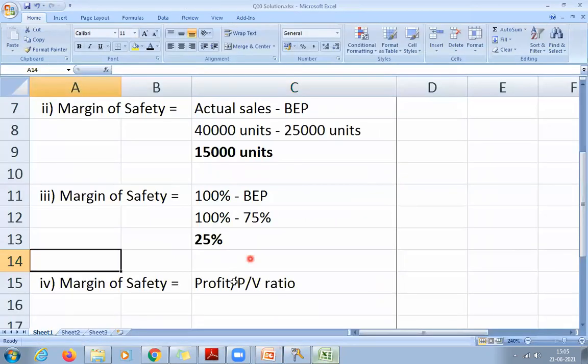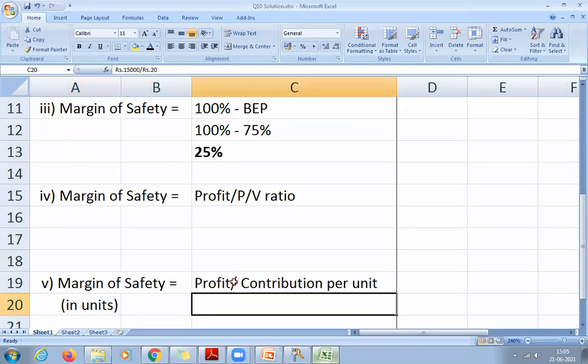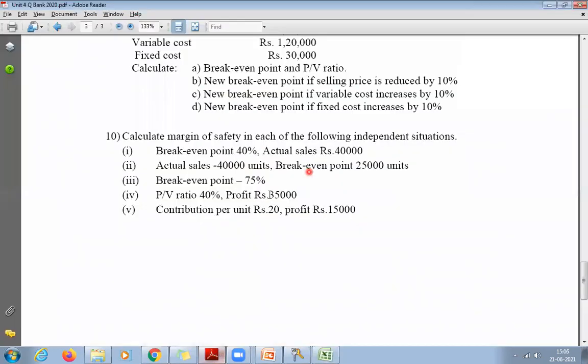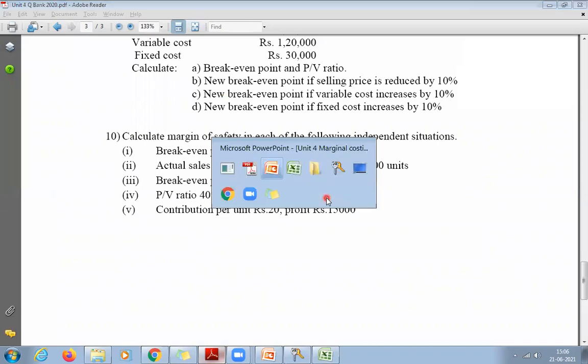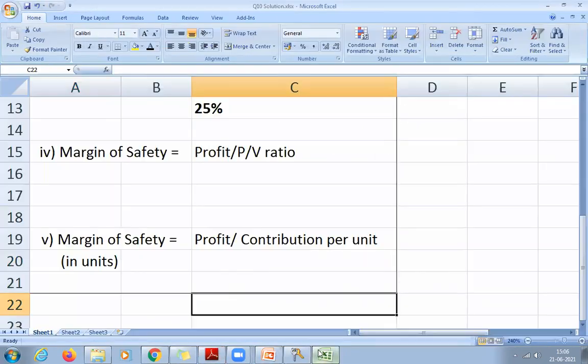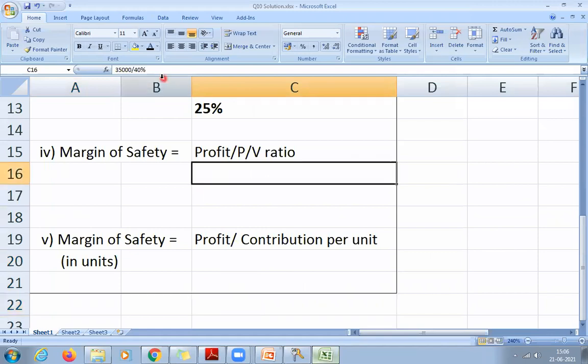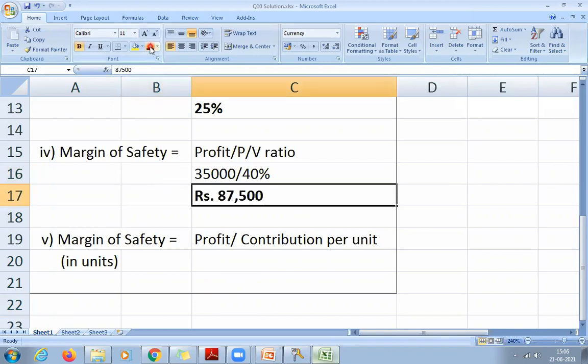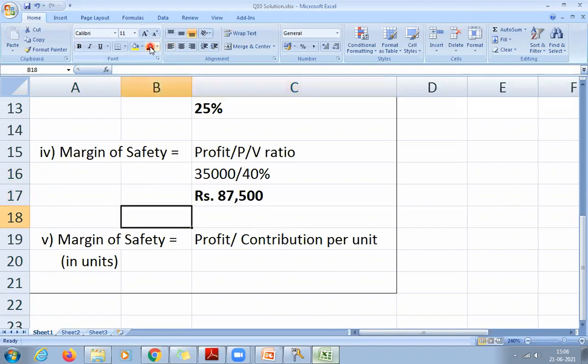Profit is 30,000 and PV ratio is directly given as 40%, that is 0.4. So 30,000 divided by 40%. How much? 87,500. This is the margin of safety.